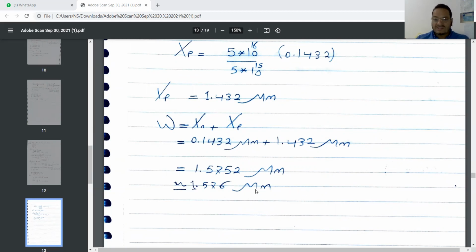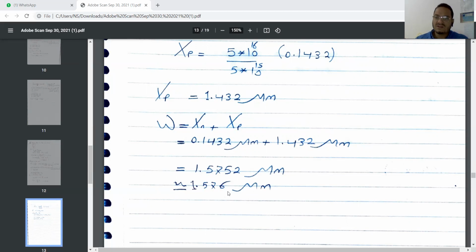Actually, I calculated by using my calculator, and I found the last result was 1.5752. But the author at the end wrote the last result for the total width. It was 1.576.